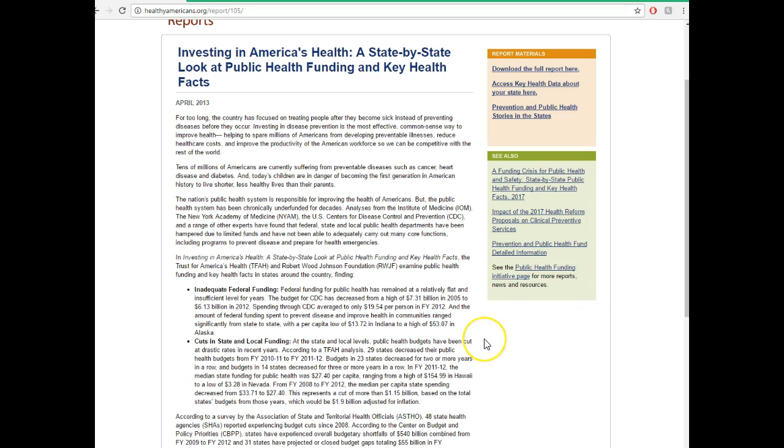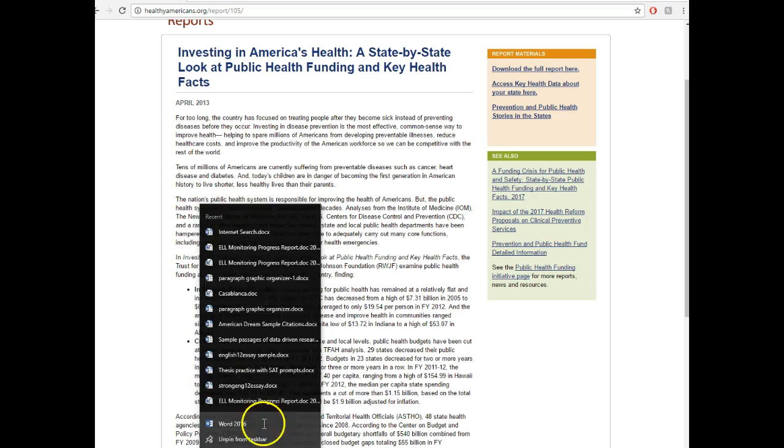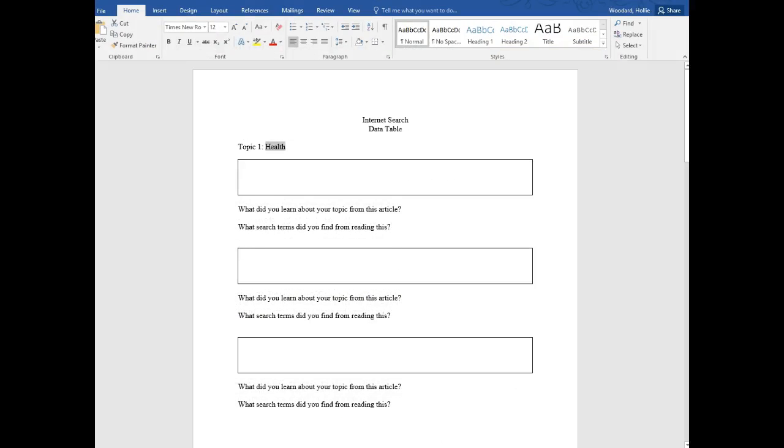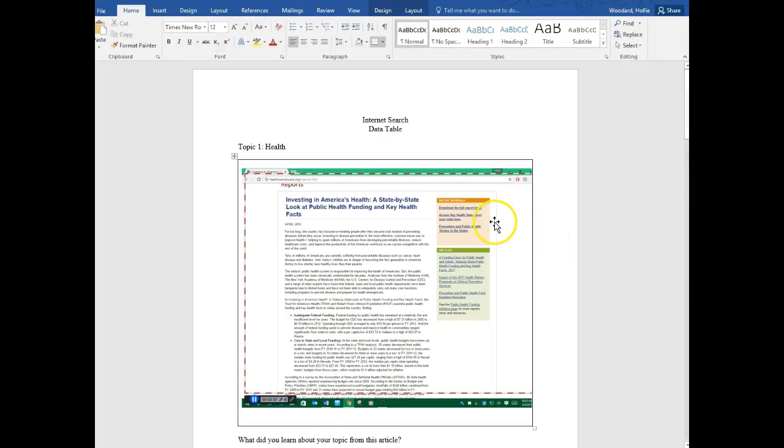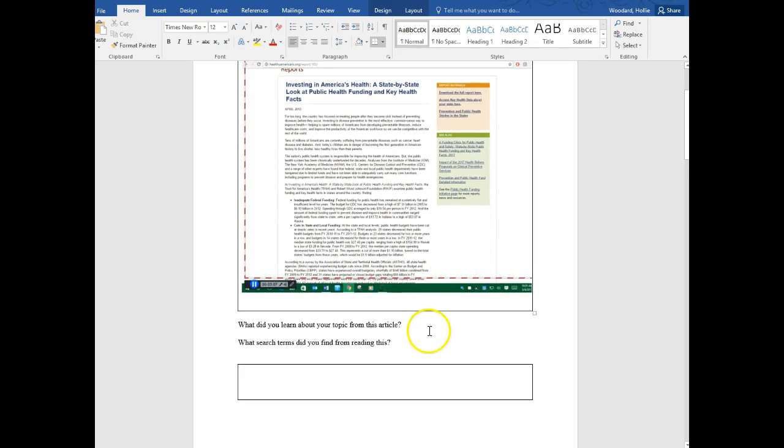So I'm going to go ahead and take my screenshot. Now I'm going to go back to my document, and I'm going to paste my screenshot into that article. And now it says, what did you learn about your topic from the article?